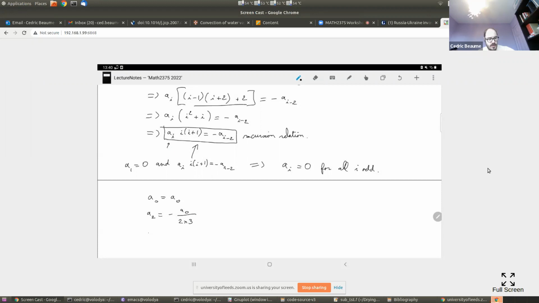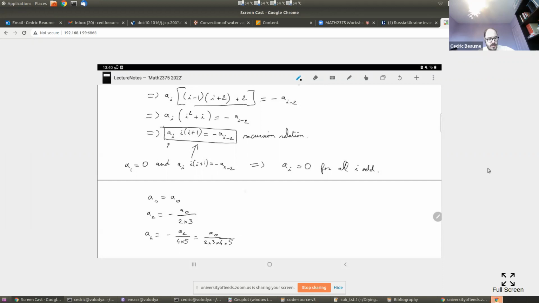Okay. And if I look at a4, a4 is going to be minus a2 divided by 4 times 5. Okay. So again, if I reset this in terms of a0, what I get is the minus simplified. So I get a0 and I get 2 times 3 times 4 times 5. And you can keep going with that.